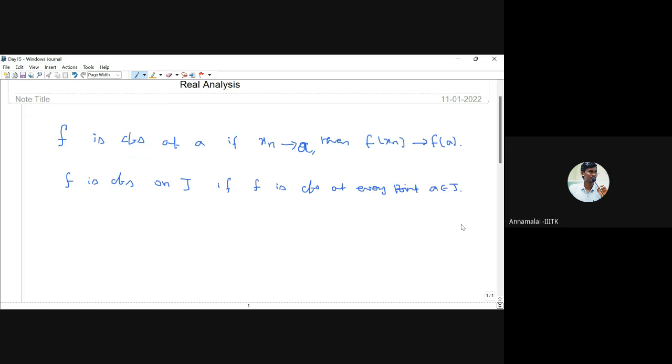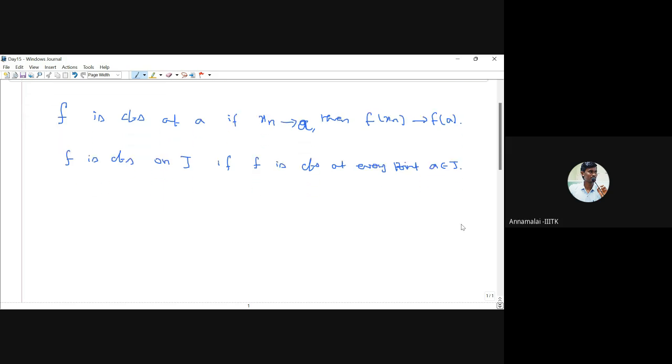Now, today we define another definition of continuity using epsilon delta. Both the definitions are equivalent. We can use either, but the sequence definition is better. So suppose we have a function f from some interval J to R given.